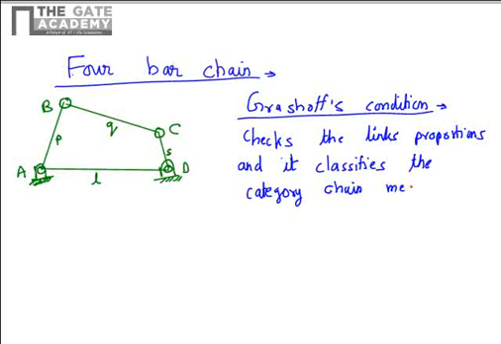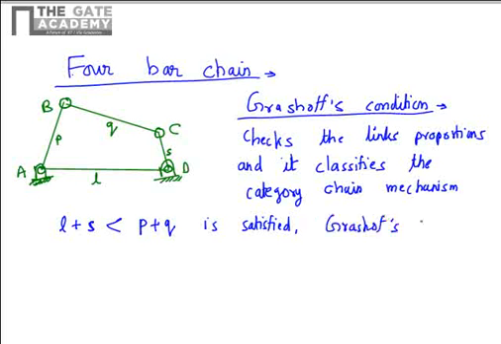A particular category of mechanism has freedom for a particular kind of motion, that we will be seeing shortly. The basic condition for Grashof's criteria is that the length of the longest link plus the length of the shortest link must be less than the sum of the lengths of the other two links. If this is satisfied, then the mechanism is called a Grashof mechanism.